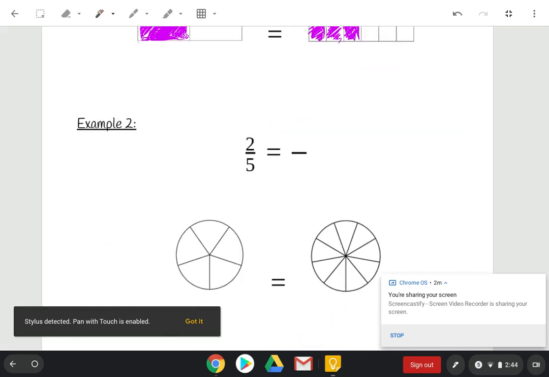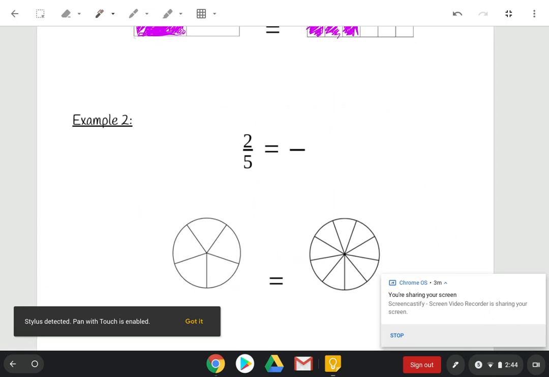So here is example 2. Example 2, I have 2/5 is equal to what? Well, let's go down below 2/5 and represent 2/5 with a model. This time I have a circle divided into 5 sections, and I'm going to shade 2 sections out of 5.